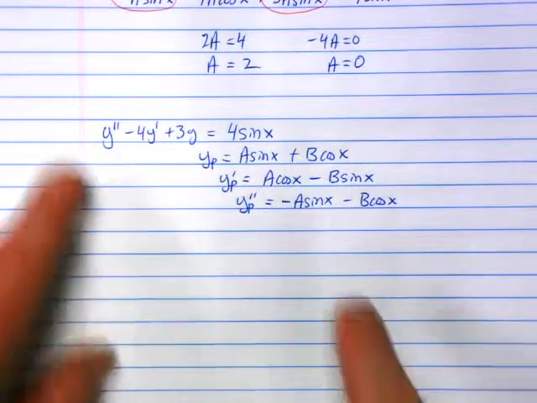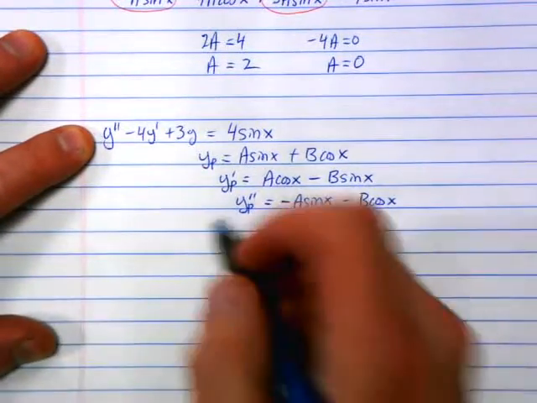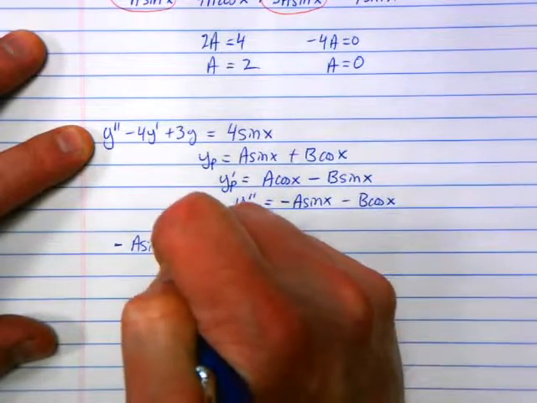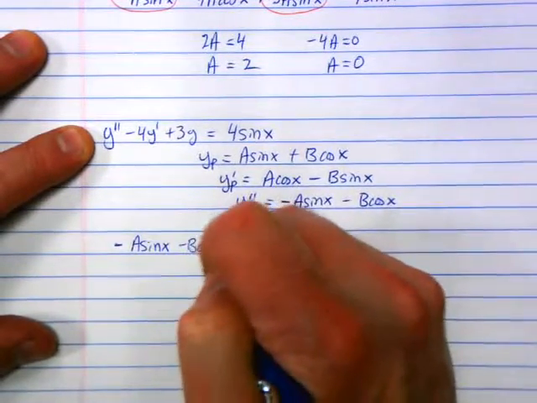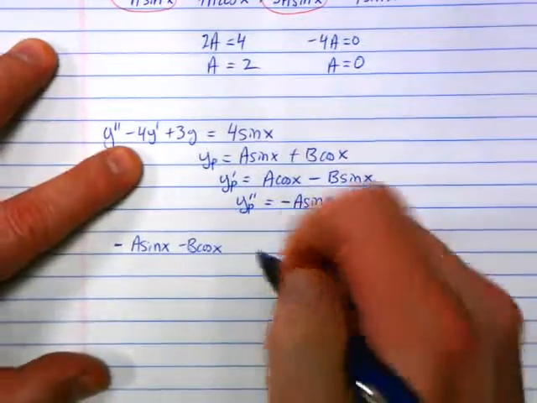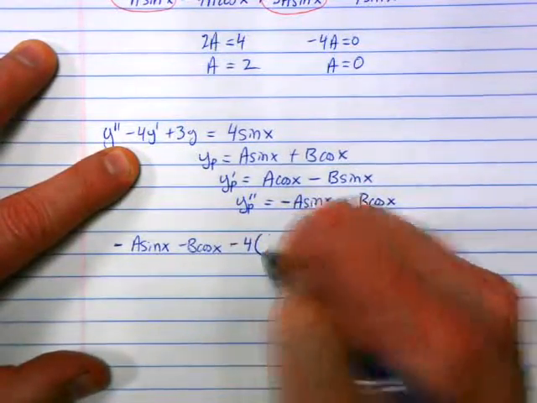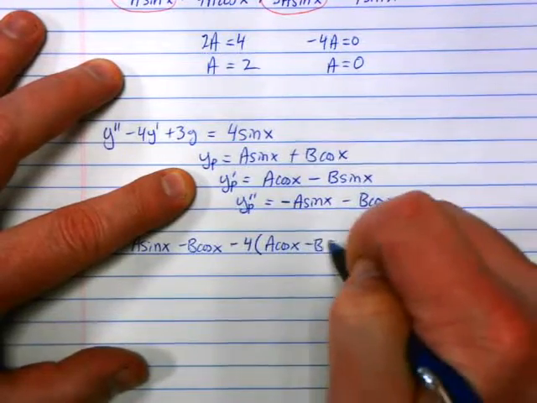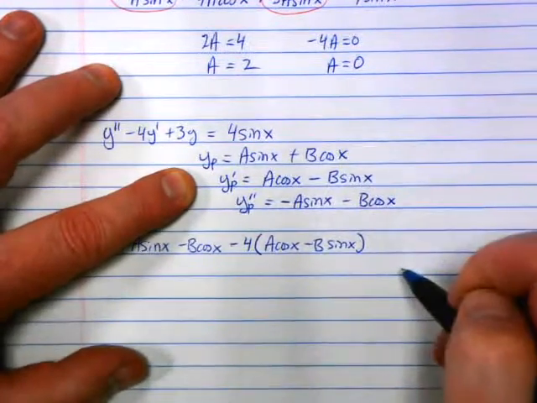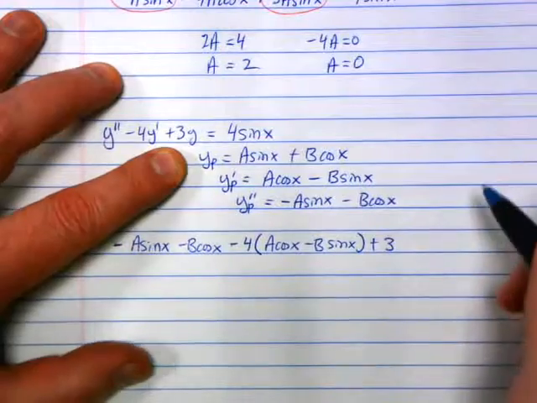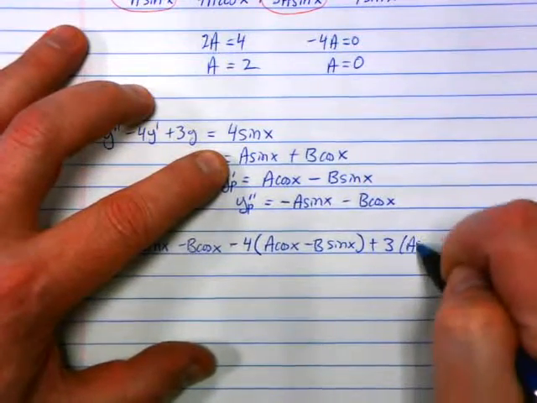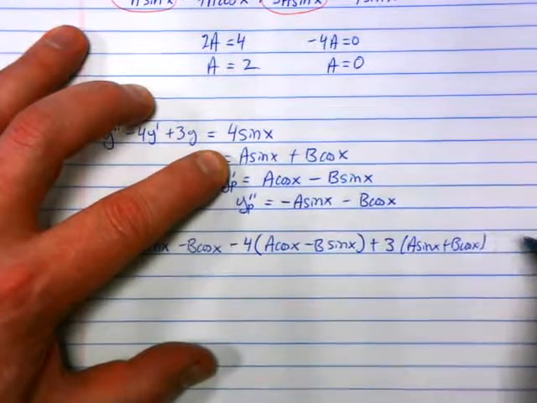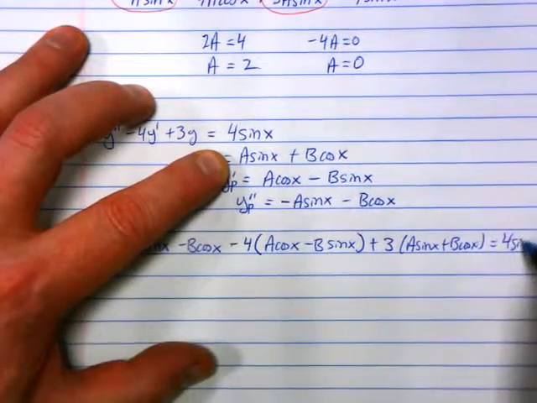Plug it all in. Minus a sine x minus b cosine x, minus 4 times my derivative, a cosine x minus b sine x, plus 3 times my original, a sine x plus b cosine x, equals 4 sine x.